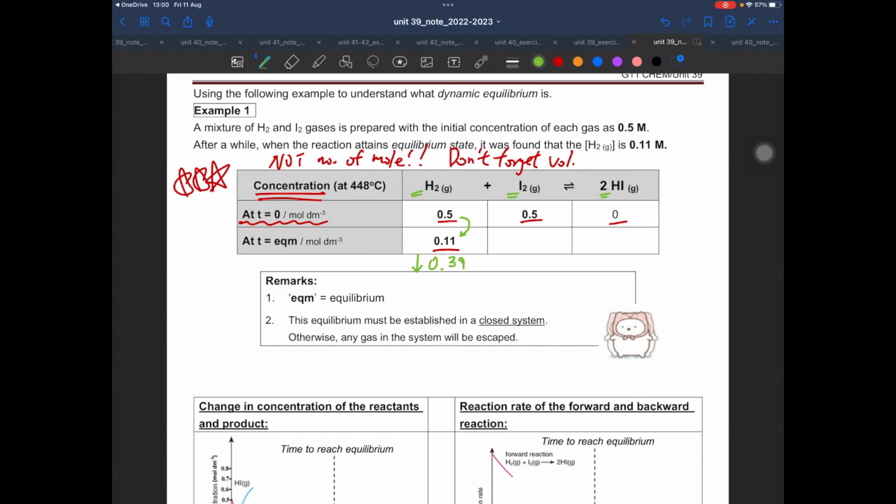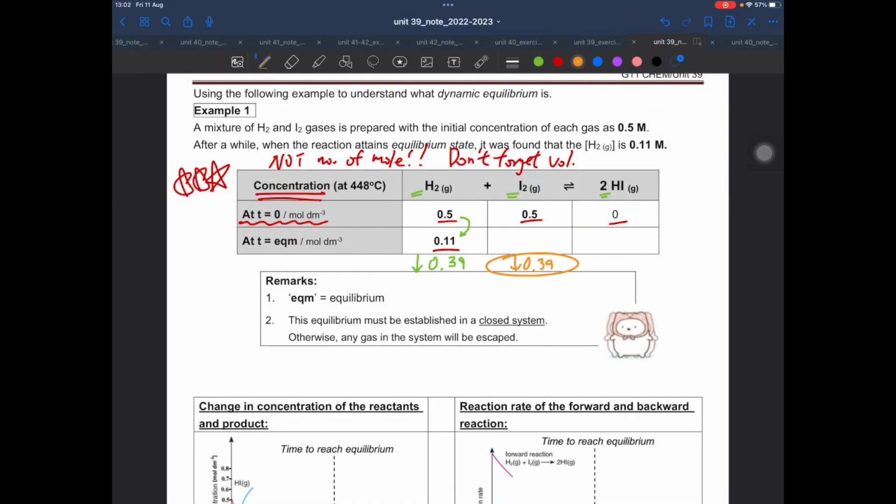With the same mole ratio, what about iodine? Will it increase or decrease? Sure, it decreases. What is the concentration decrease? Yes, it's 0.39. I think this is easy enough, right? And with the mole ratio, what about HI?